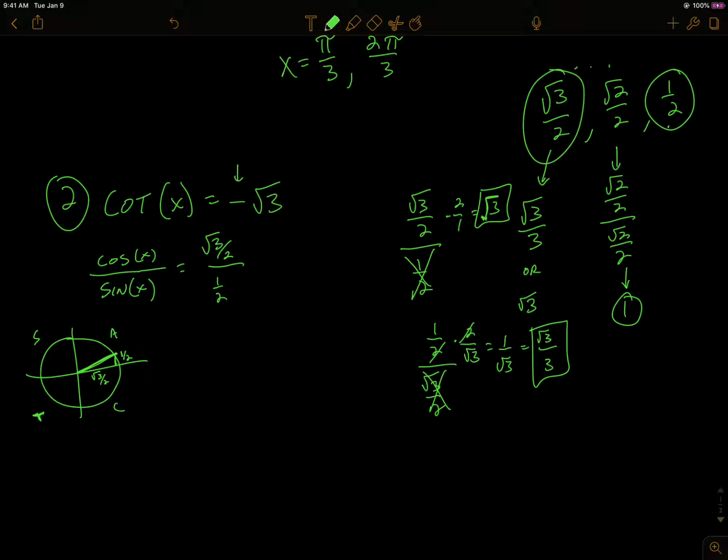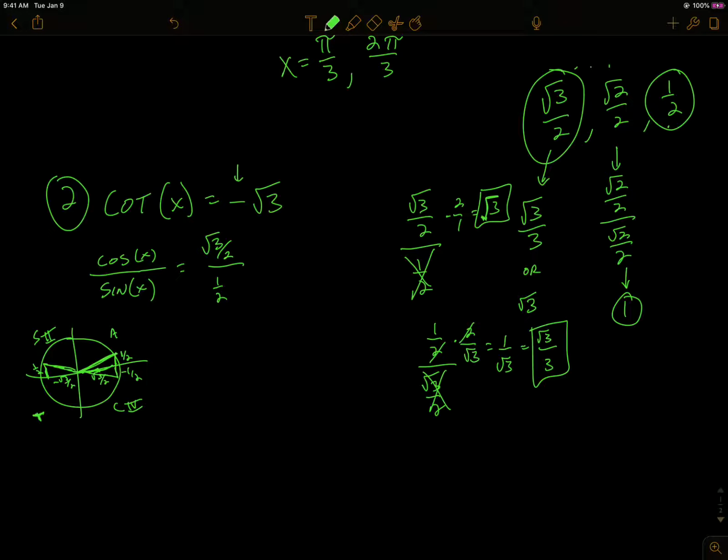So if I come over here, cotangent will be negative because I'll have my negative root 3 over 2 and then my 1/2. If I go into quadrant 3, only tangent is negative, so that's no good. And then if I go into quadrant 4, that one is also going to be negative because my cosine's positive, but this time my sine is negative. So it's going to be quadrant 2 and quadrant 4.